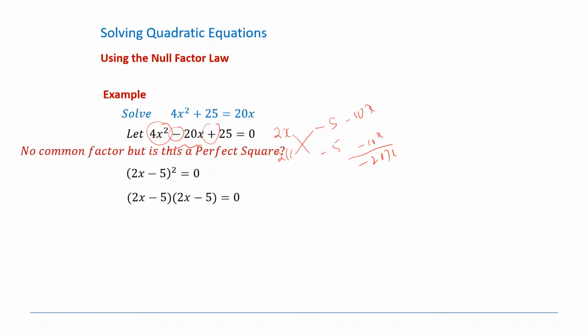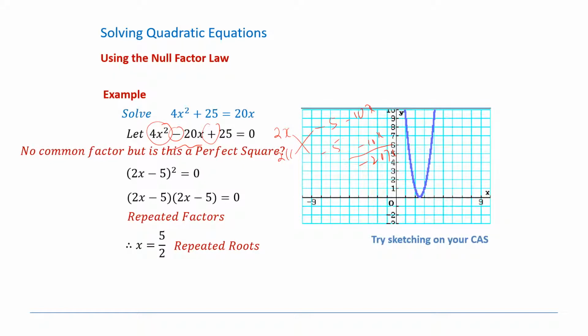And so solving for x, I got x equal to 5 over 2. This is called a repeated factor, and so therefore I get repeated roots. So therefore I say that 4x squared plus 25 equal to 20x has one solution.